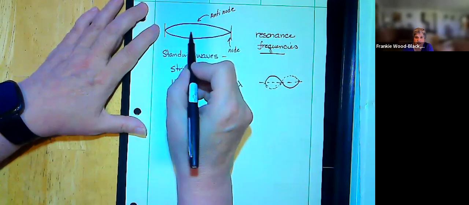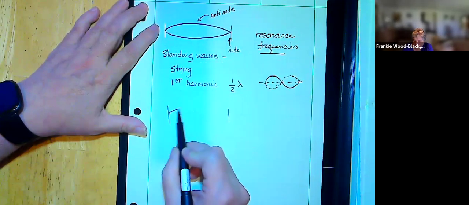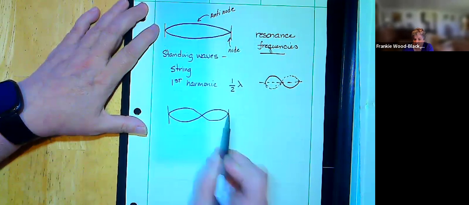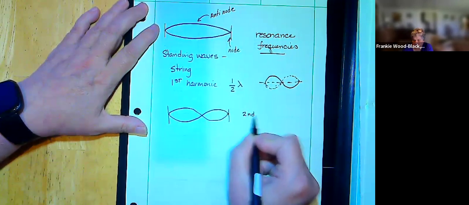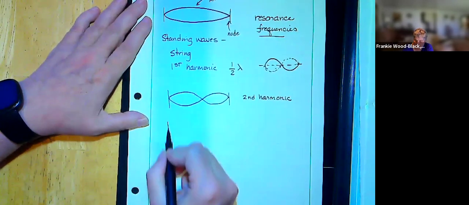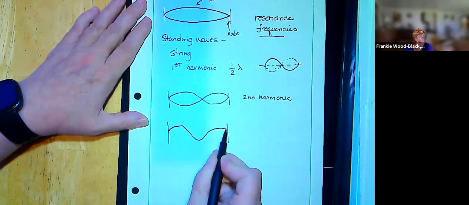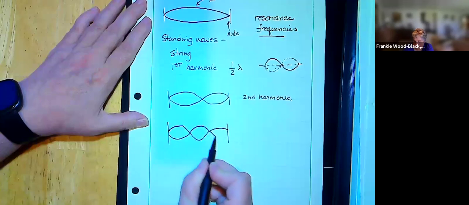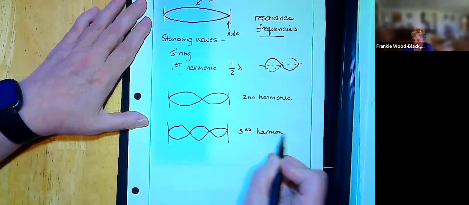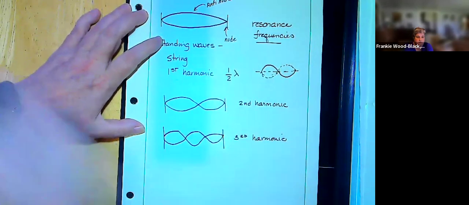Now, my resonant frequencies are where I create this standing wave, and I can have a standing wave that looks like this. This would be my second harmonic. And then you can create a standing wave that looks like this, and that'd be a third harmonic. Now, what's interesting about this is that we're talking integers here.